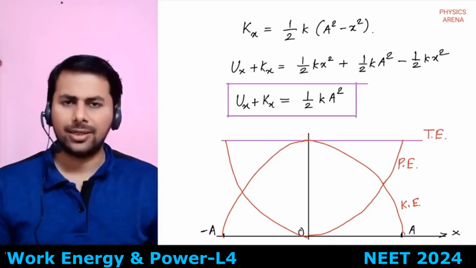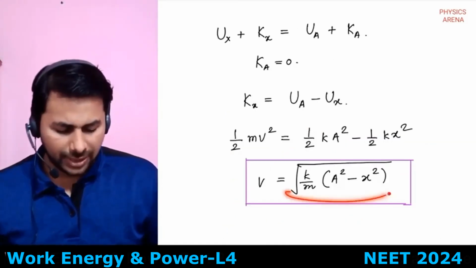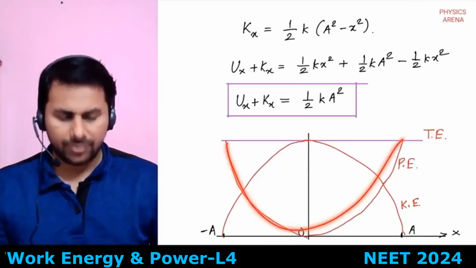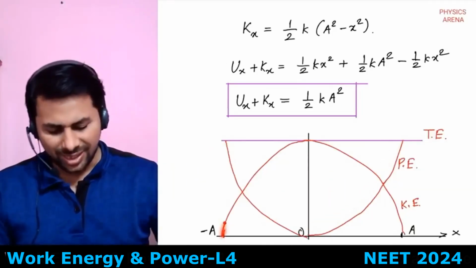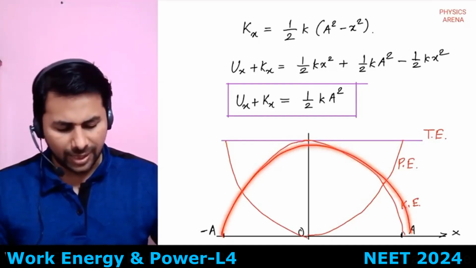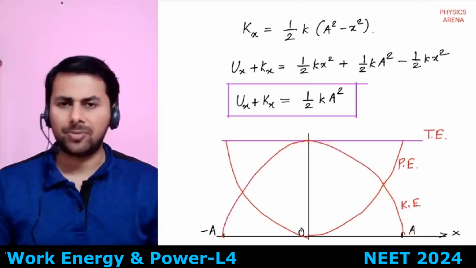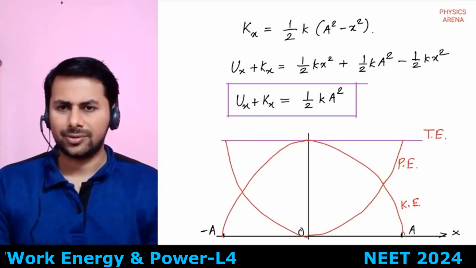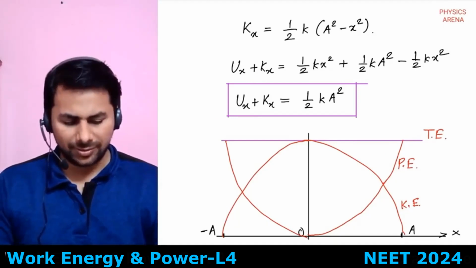How will you find kinetic energy? Either you can use this formula, or you can subtract potential energy from the total energy, and you will get a curve like this. So this is the curve for the kinetic energy of the spring block system. Any question?